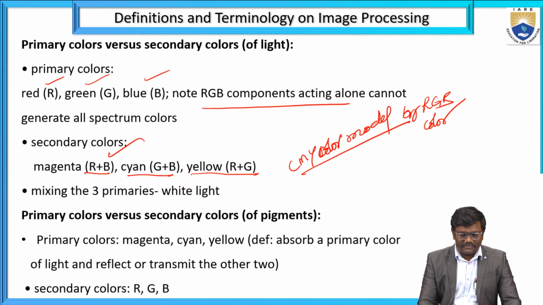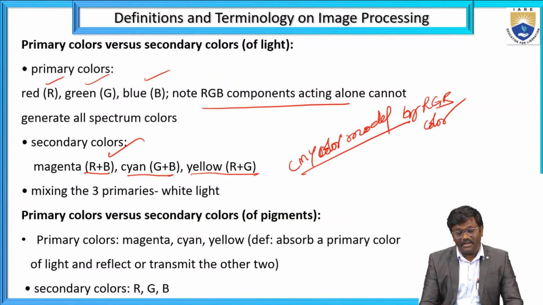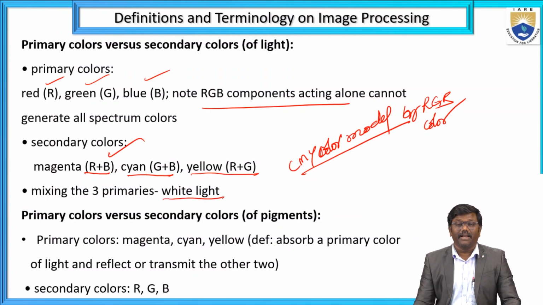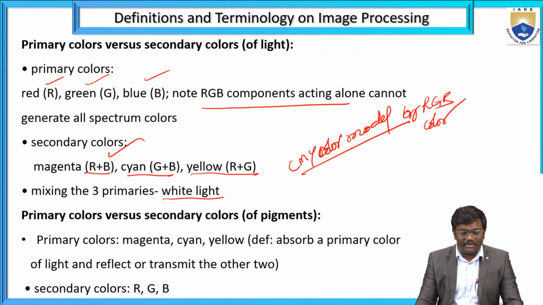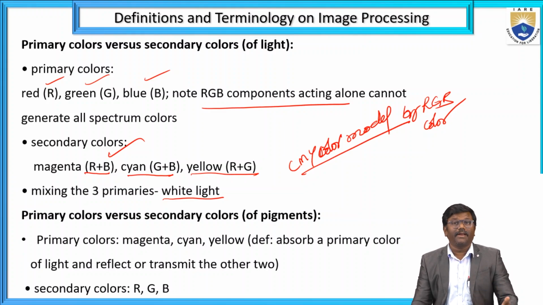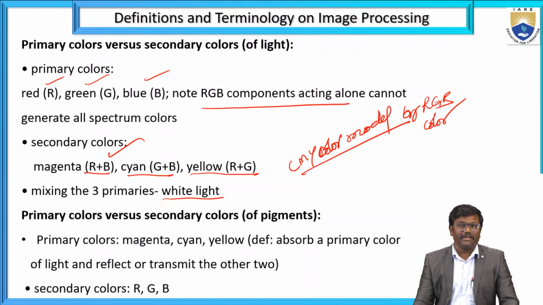So based on this, by mixing the three primaries we get white light. So white light is the mixing of the three primaries only.